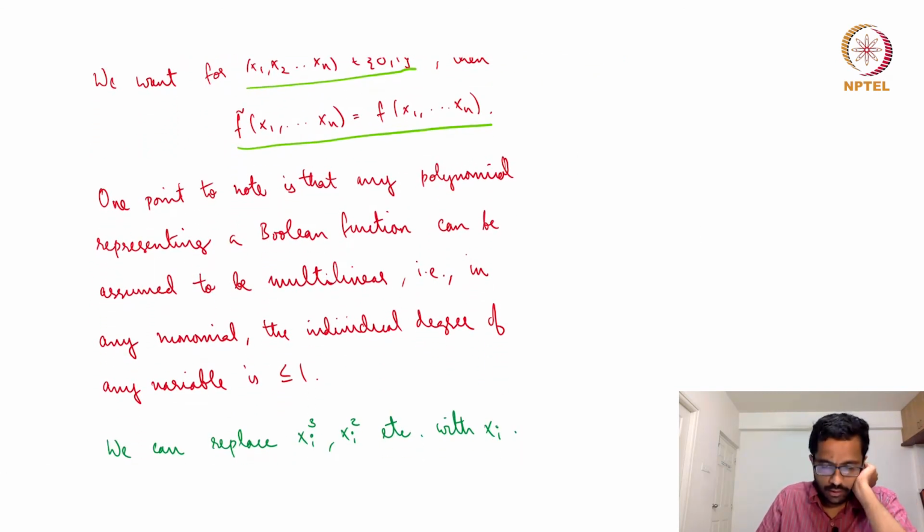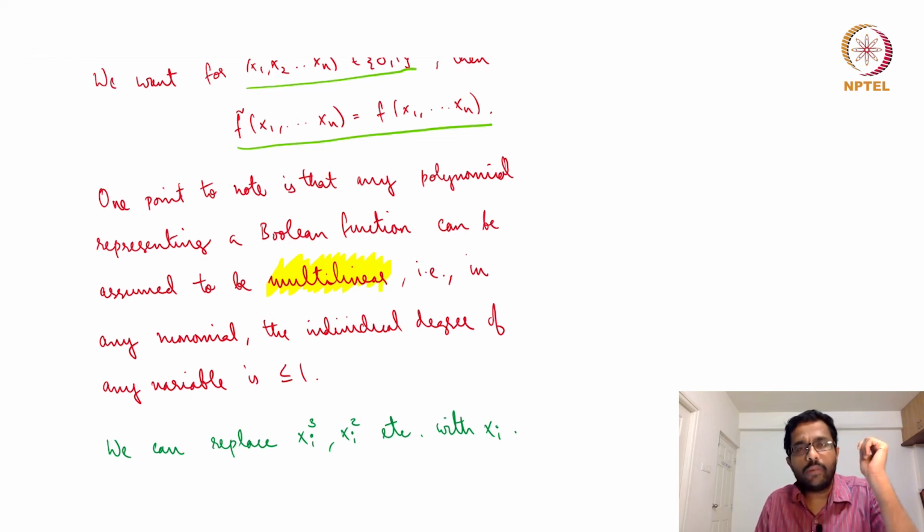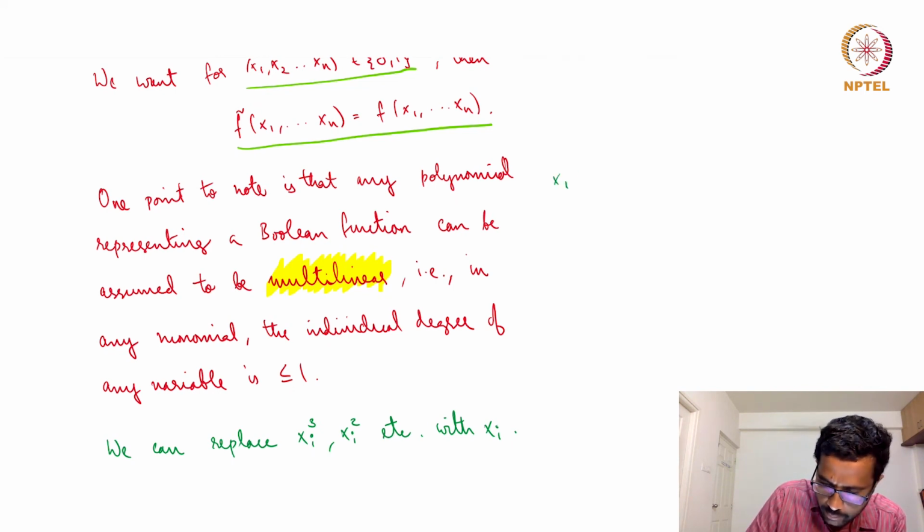Okay, one important point is that the polynomial that expresses any Boolean function, right? So these are all Boolean functions, 0 1 functions. We may assume that this polynomial is multilinear. What does multilinear mean? Multilinear means that all the terms are of the form x1 x3 x5, or plus x1 x2 x6 x7.